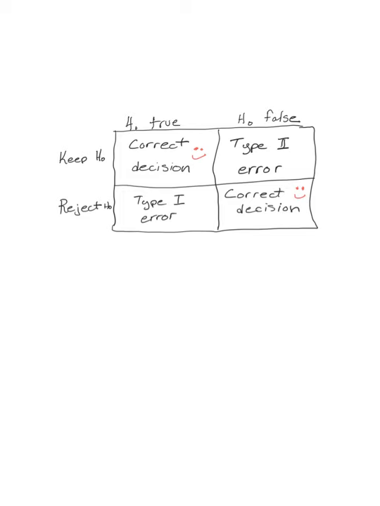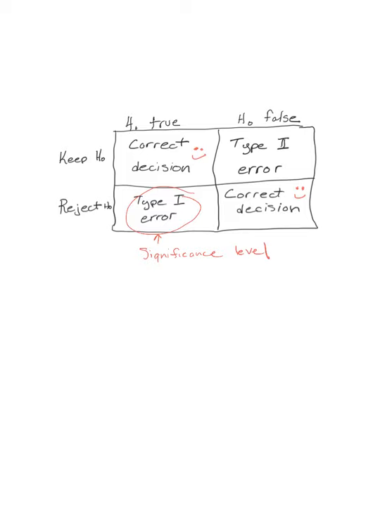So let's go back and talk about this little chart that we started with again. Now, type 1 error, as we said, is the significance level. And that's chosen by the researcher.